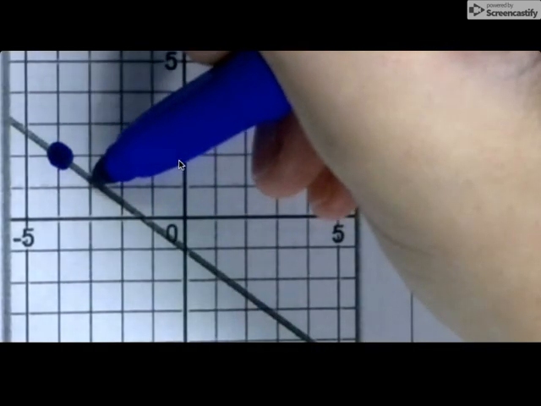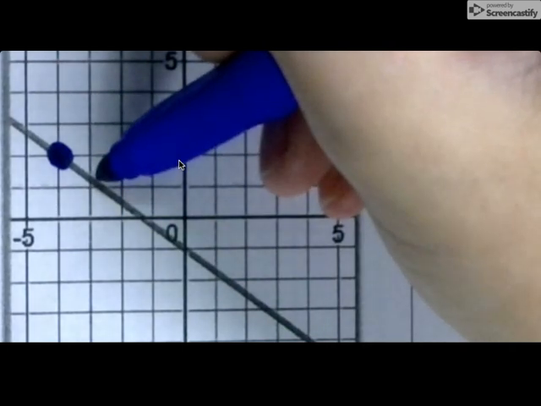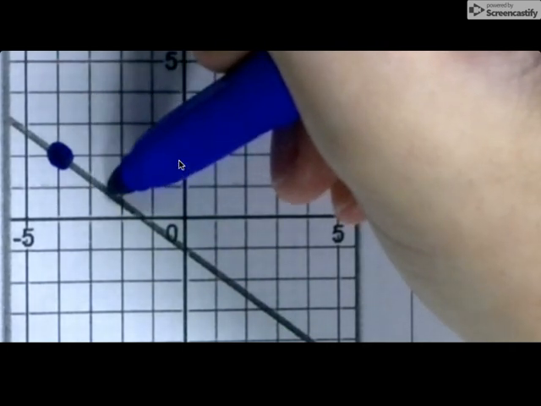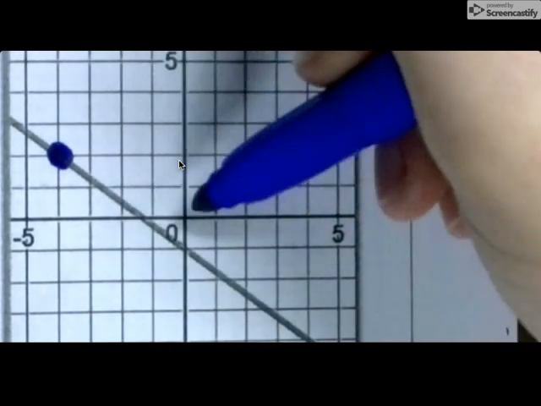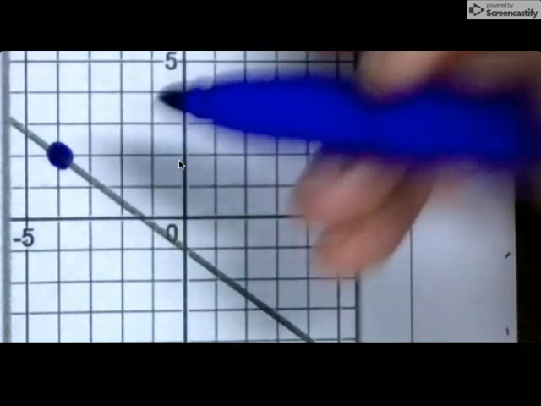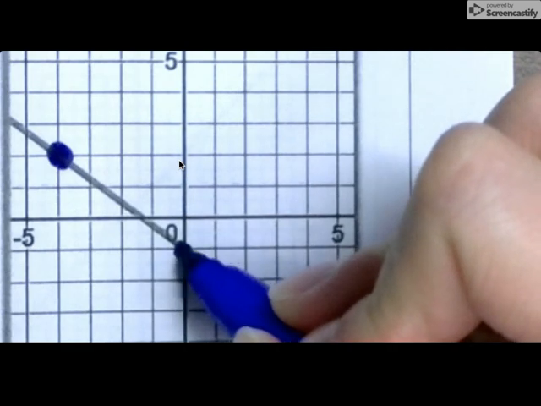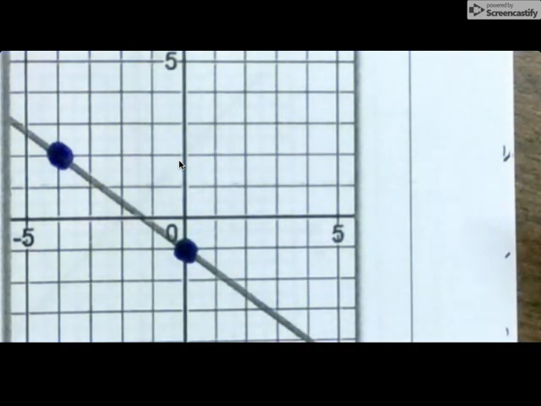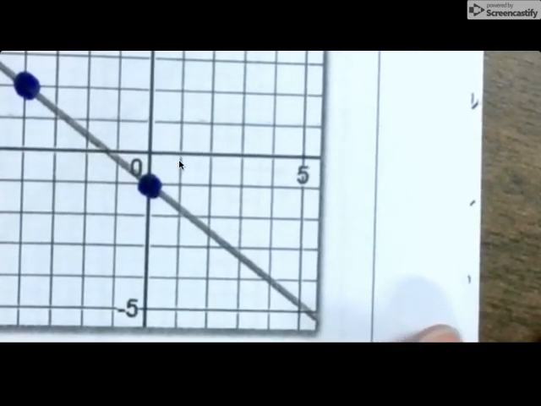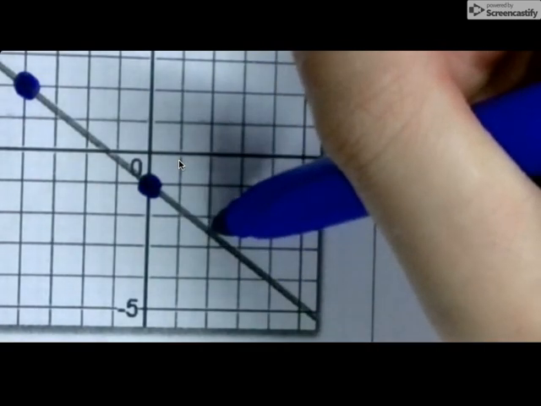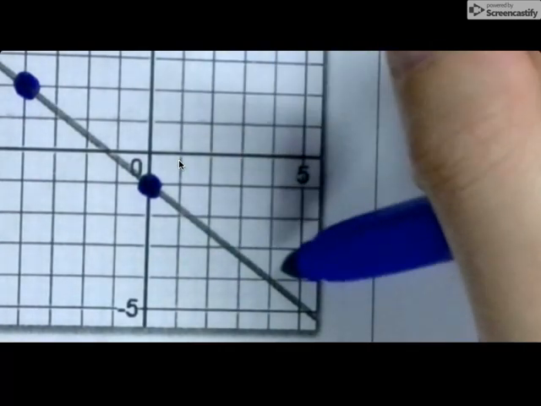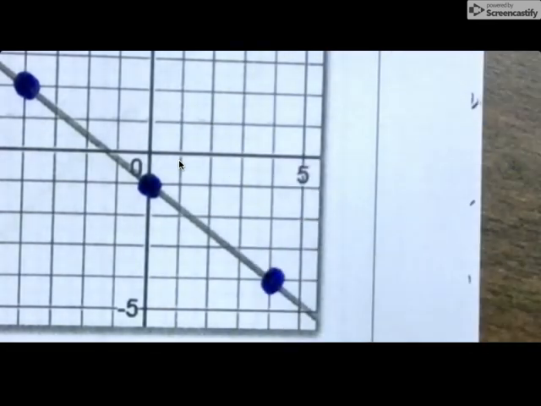The next time that line hits a vertical line, it's not a corner. Neither is the next one. Neither is the next one. But when it hits that y-axis, it hits corners. Okay? And if you keep going down the line, there is one more. No, no, no, yes.